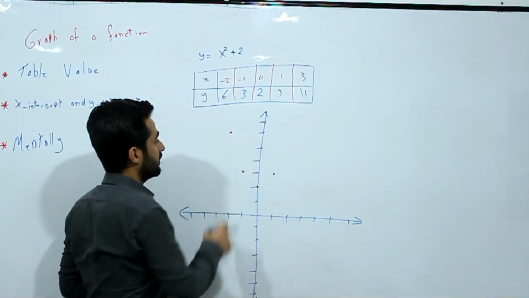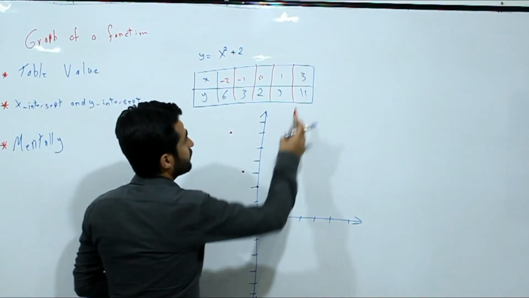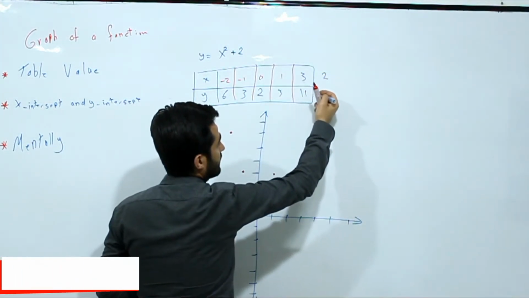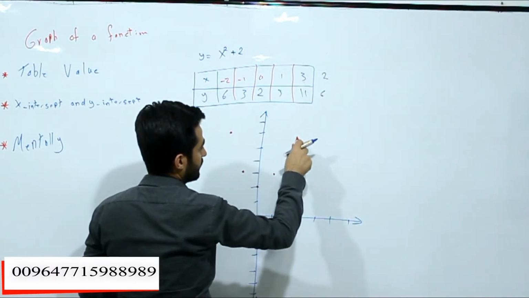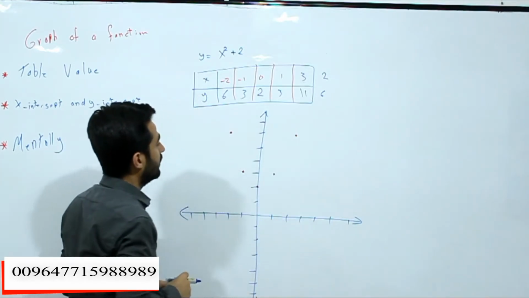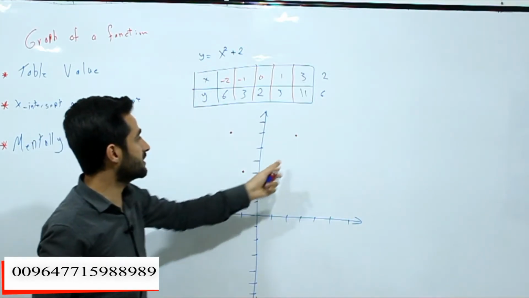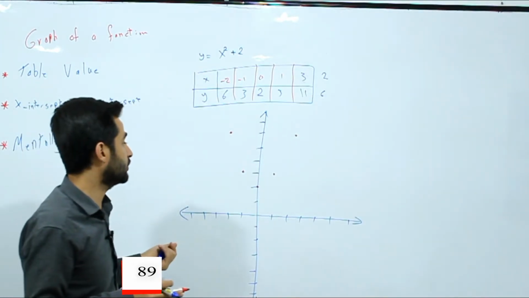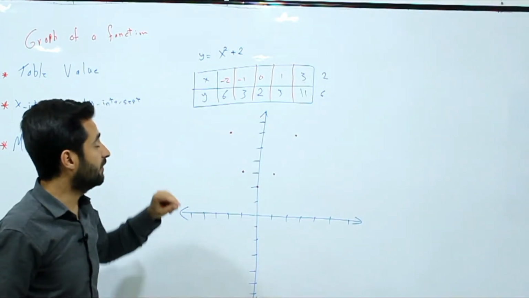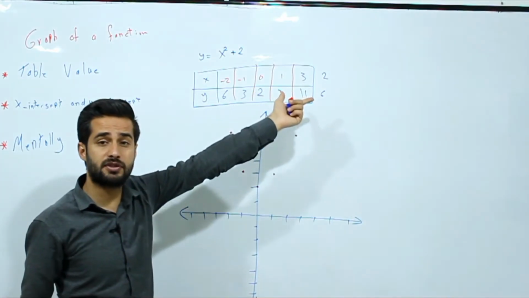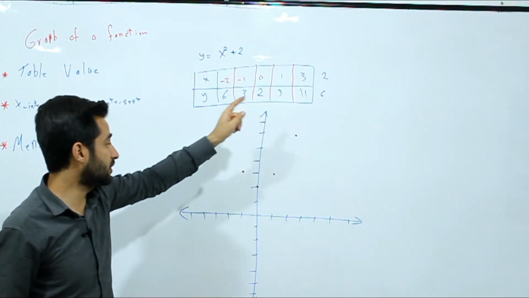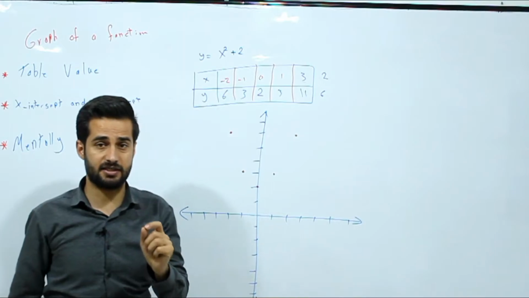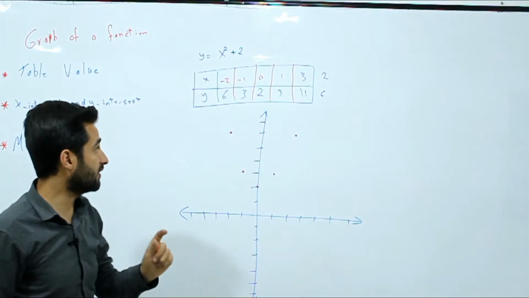Now if we have 2 and 6 we will have 2 and 6. So look, it goes like this to here. But is it a V or a letter U? We are not sure, but if you increase your input values, you will be sure of the exact graph.